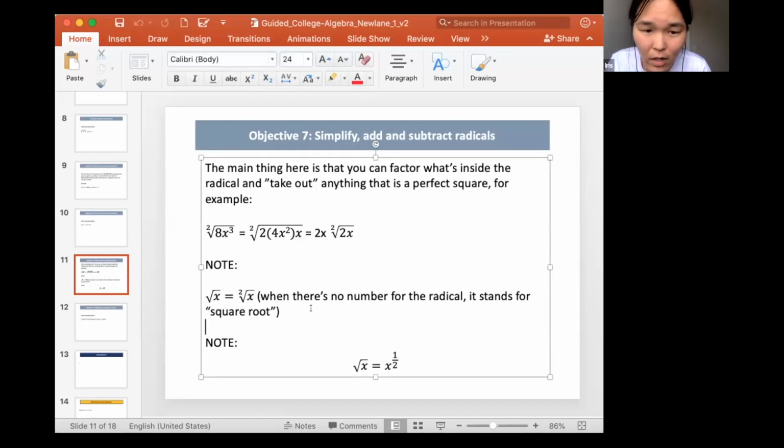Okay. And then the note is, this is harder to explain, so I won't go into that, but x to the square root of x is actually x to the half exponent, one fraction. This is just a note. It might make it easier if you know that. We will see later in a future objective how to solve equations with exponents.